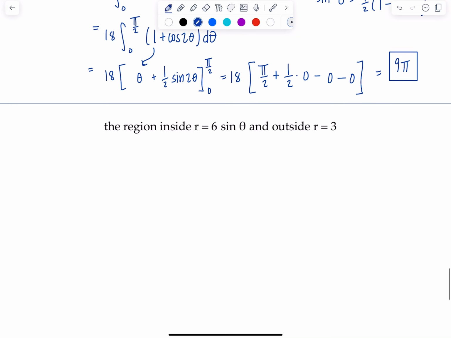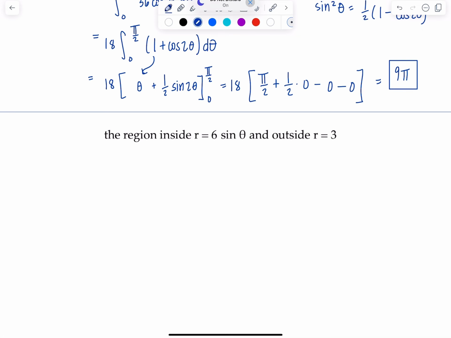I'm sure you can tell this is a circle centered on the y-axis, and this is a circle centered at the origin. But they're going to intersect, and I need to draw a good graph so I can figure out the limits of integration for my region.